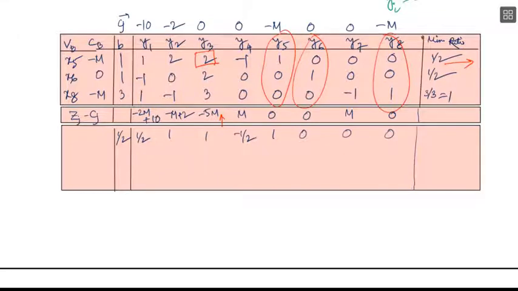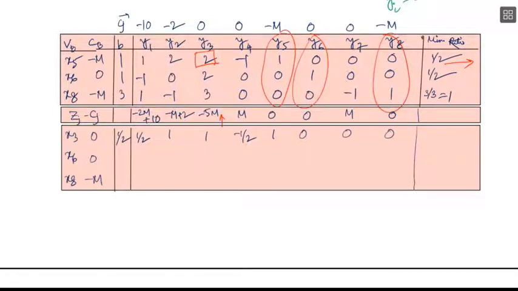And better we should write the new basic variables and their cost earlier. So x5 will depart the basis and x3 will come into the basis in place of x5. So we will have x3, x6 and x8 as the new basic variables, and their costs will be respectively 0, 0 and minus m. We have already got the transformed first row.